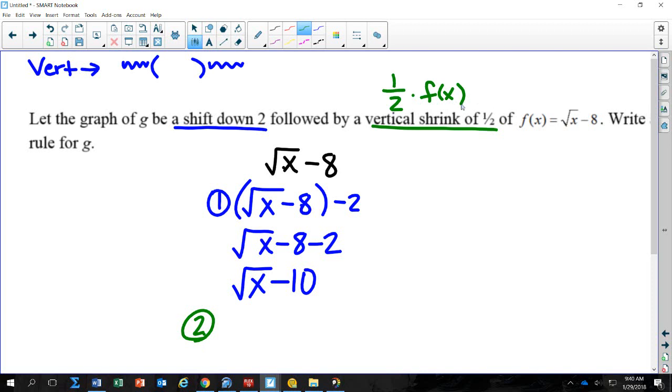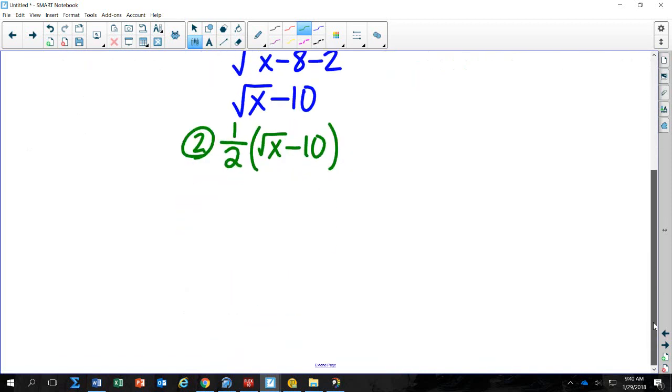Parentheses. If I don't put parentheses around that entire function, I'm only going to be having the first term. But I don't want to just have the first term. I want to have both terms. So anything vertical is going to go outside of those parentheses. Square root of x minus 10. You want to have both parts.